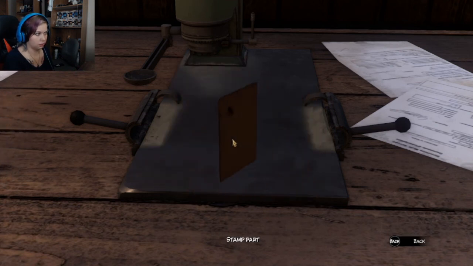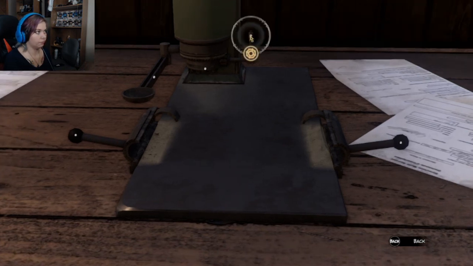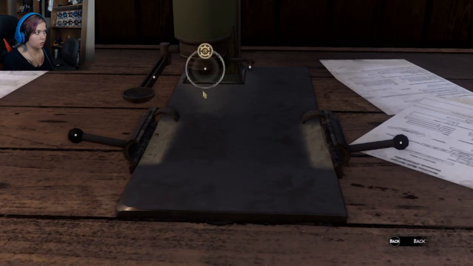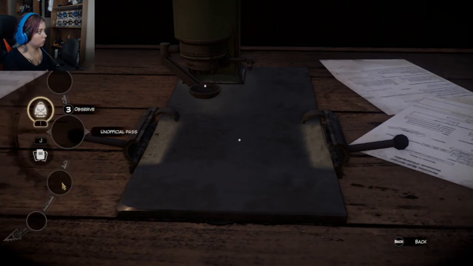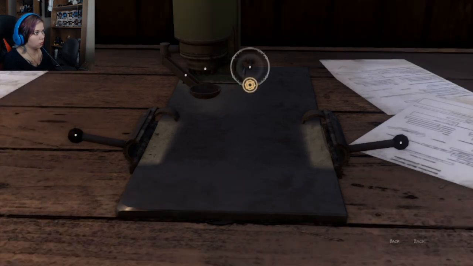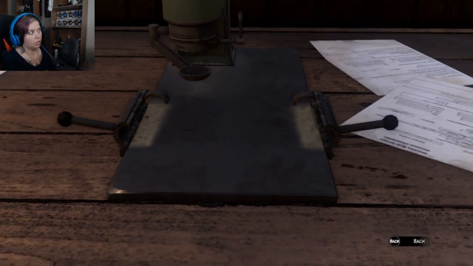Okay. Only the stamp is missing. How practical. Oh. It doesn't work. Okay.